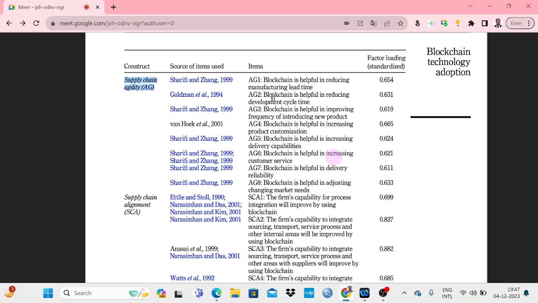That's why we need to refer to certain indicators, and from those indicators we infer the value of the underlying construct. So basically agility is a capability of a supply chain or any manufacturing unit to quickly adapt itself to changing conditions.